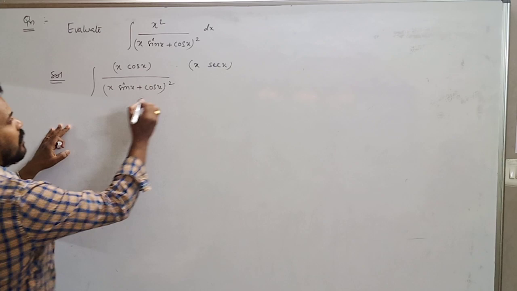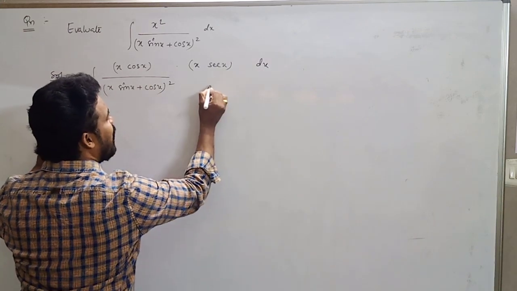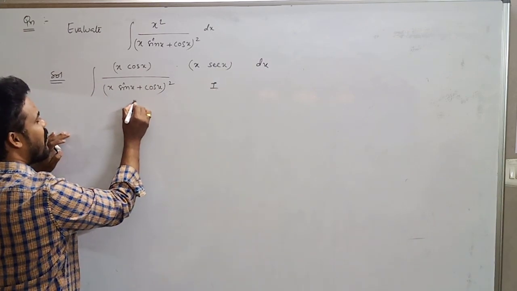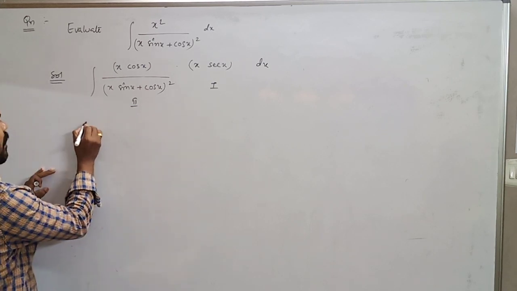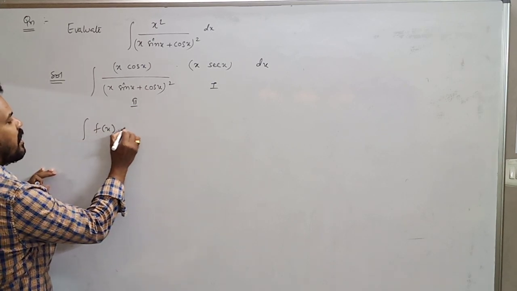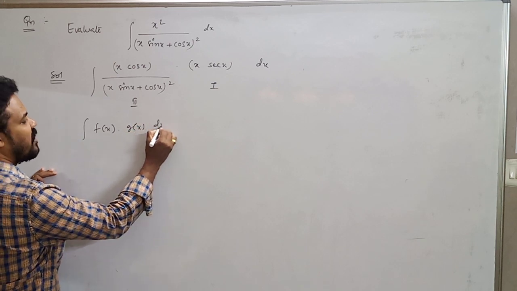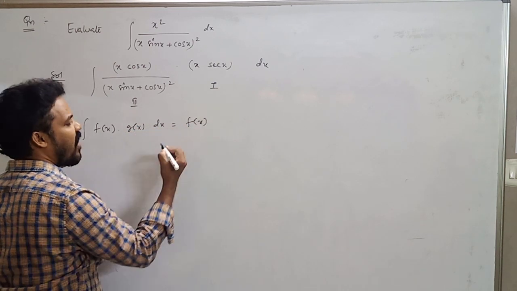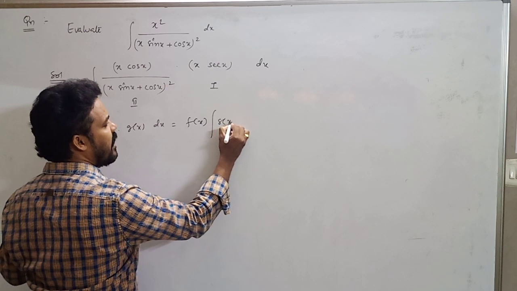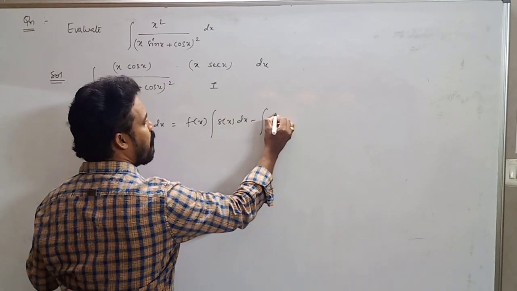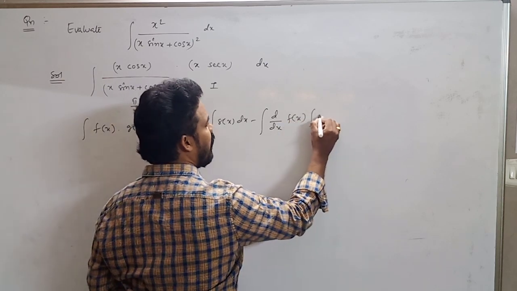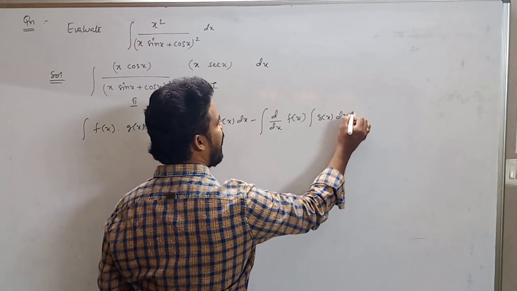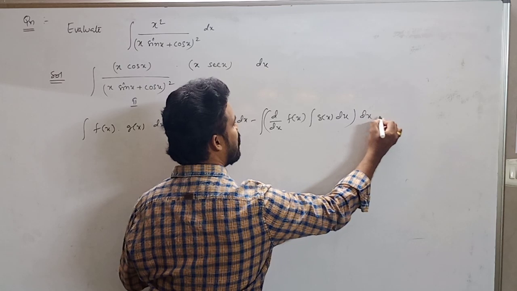Now, the exercise. Students, you take this as the first part and this as the second part and use integration by parts. What is by parts? Let me write it once. Integral f of x into g of x dx is equal to f of x into integral g of x dx minus integral of d by dx of f of x into integral g of x dx, whole dx, plus constant.